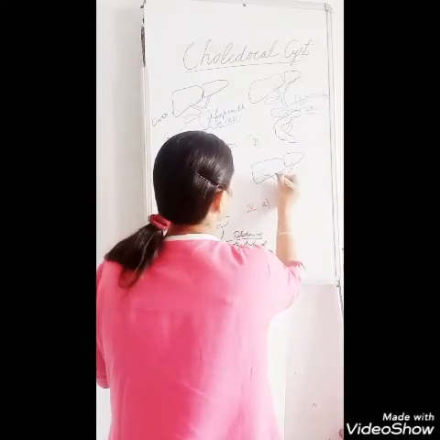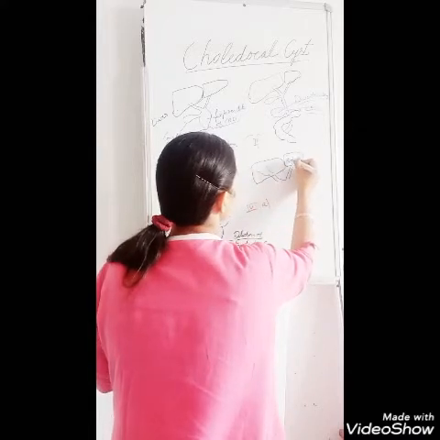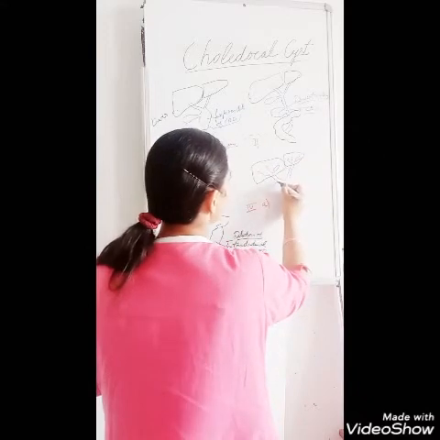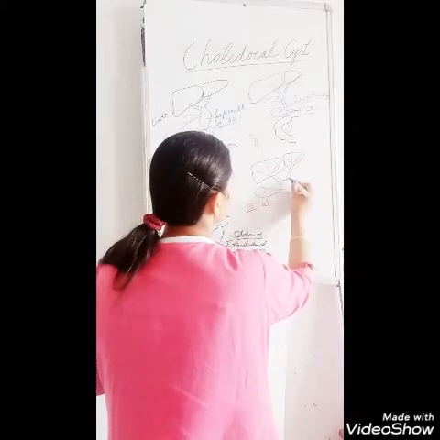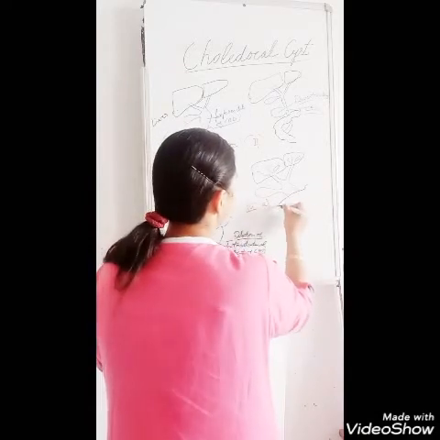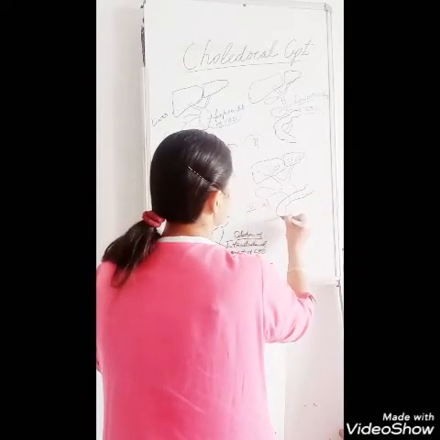See how these dilatations are occurring. So there are intrahepatic, and this is the gallbladder. This is the duodenum.